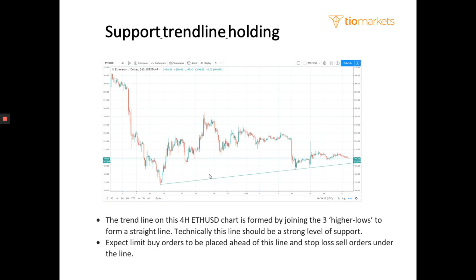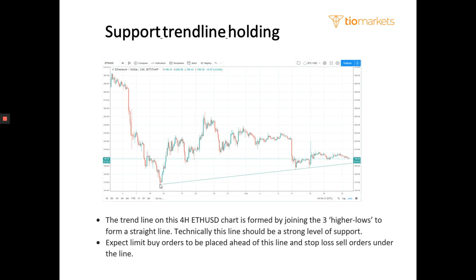So what we see here is we have this upward trending line, where theoretically we have 1, 2, 3, 4 touches. So that's more than the 3 I mentioned before. So that makes it a fairly significant trend line, and we have higher lows. So we get a move up, then we get a move down, but these lows are getting higher on each occasion.